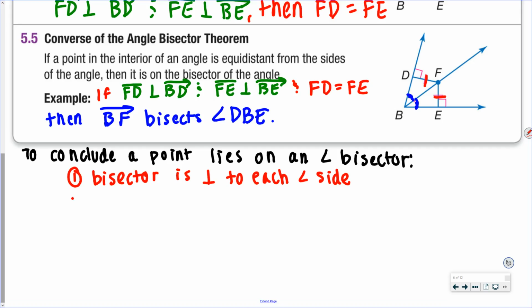And then you have to show either that it bisects the angle, and we can use a theorem, or that those are equidistant, and then we can use the converse. So angle bisector markings, or to use the converse, point is equidistant from angle sides.